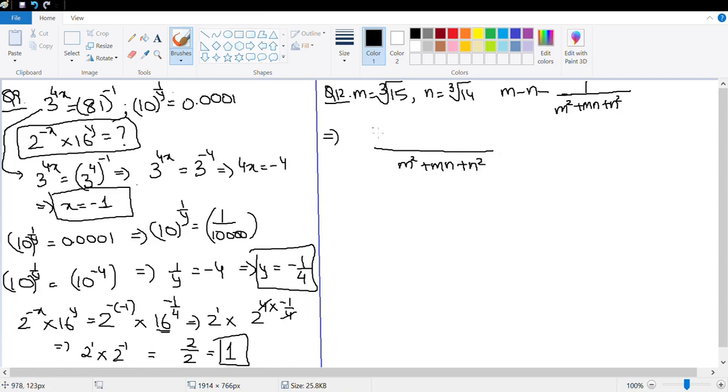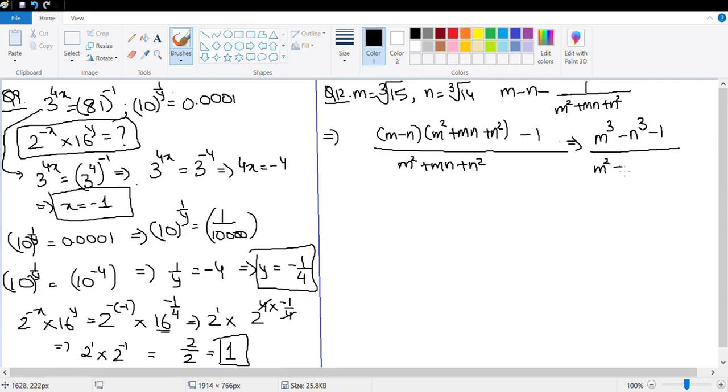It will be m minus n times m square plus mn plus n square minus 1. Now if you remember your expansions, a minus b into a square plus ab plus b square is basically a cube minus b cube. So this is m cube minus n cube minus 1 upon m square plus mn plus n square.